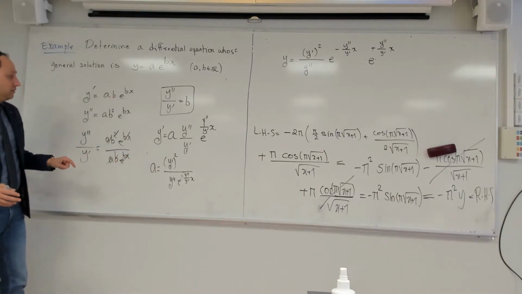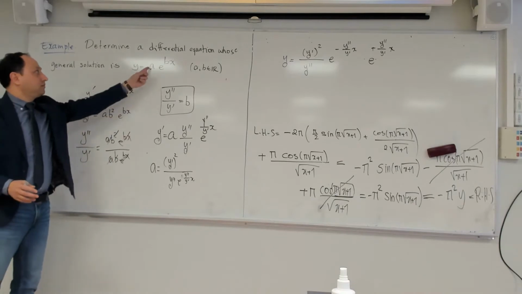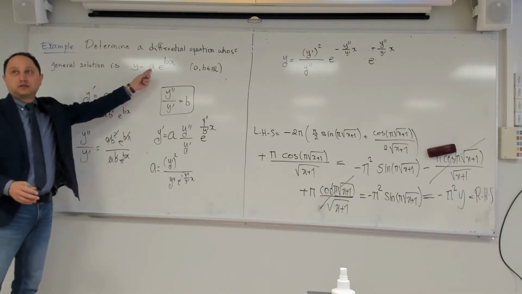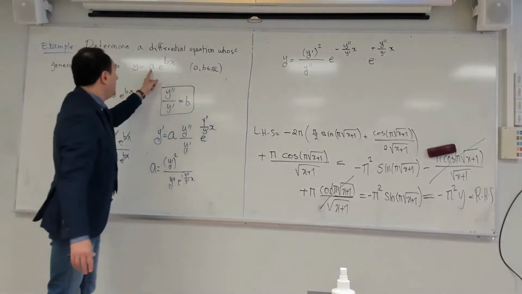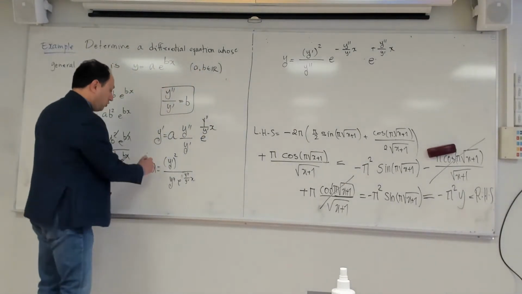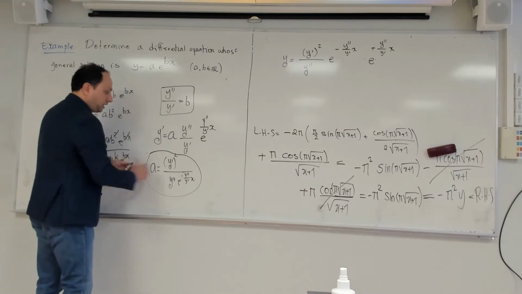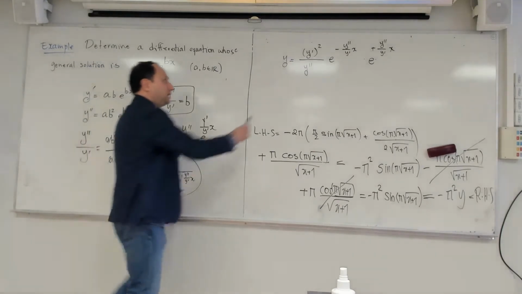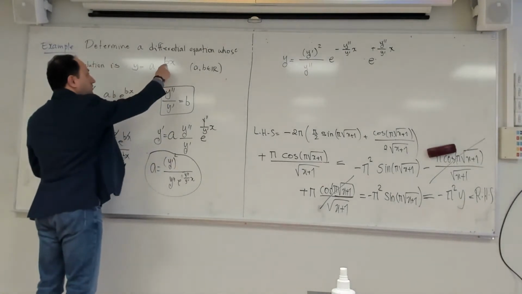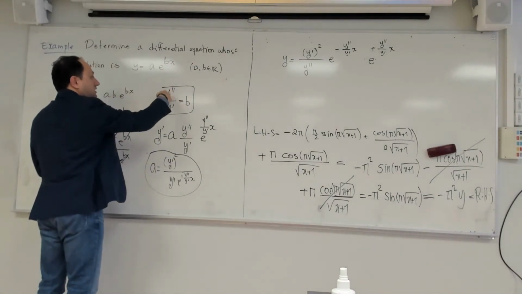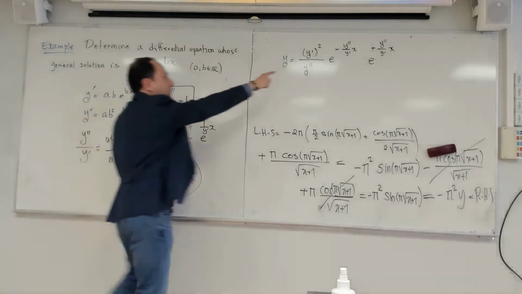I have my B. I put them back into the given equation. So instead of Y, I put Y. Instead of A, I put this whole expression, but I brought this up and made it negative. And then multiplied by e to power bx, but this is b, so it becomes e to power this one.